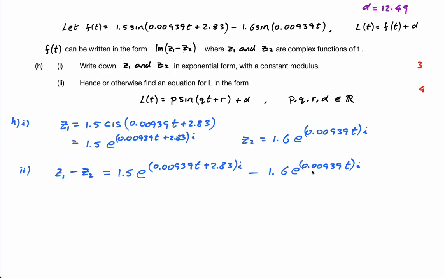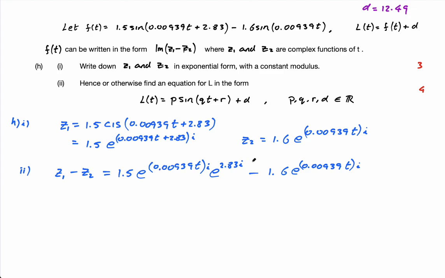Now, what can we take out? What's common here? Well, let me just do this slightly differently. I can write this as 1.5 times e to the 0.00939 t i times e to the 2.83 i, because that's just adding the exponents. So this is the same as this.